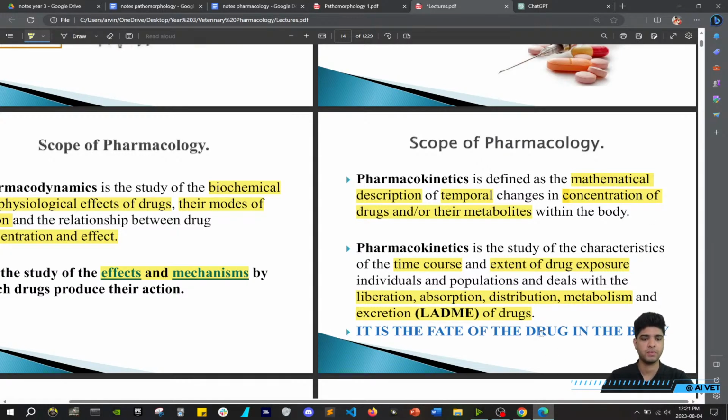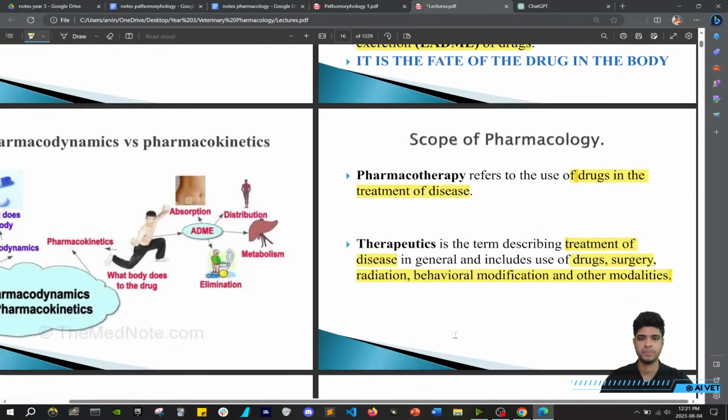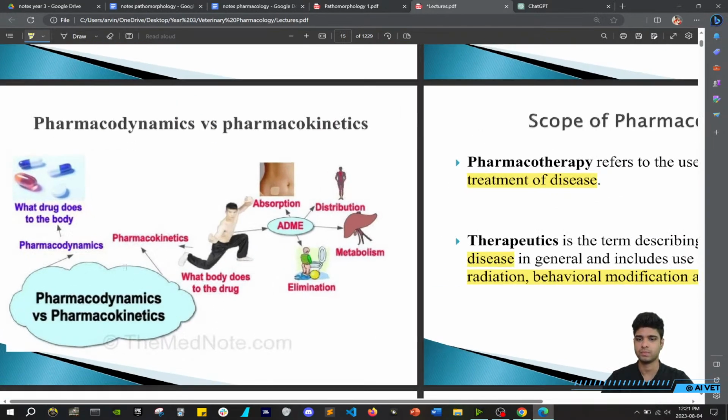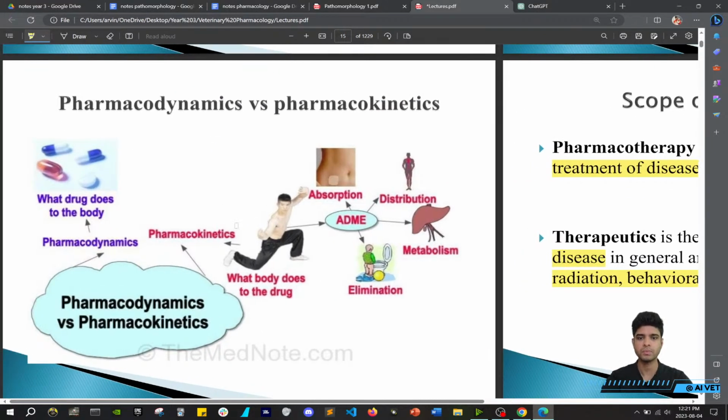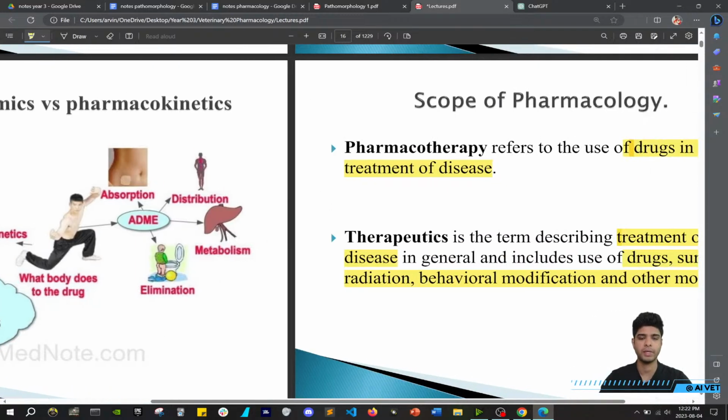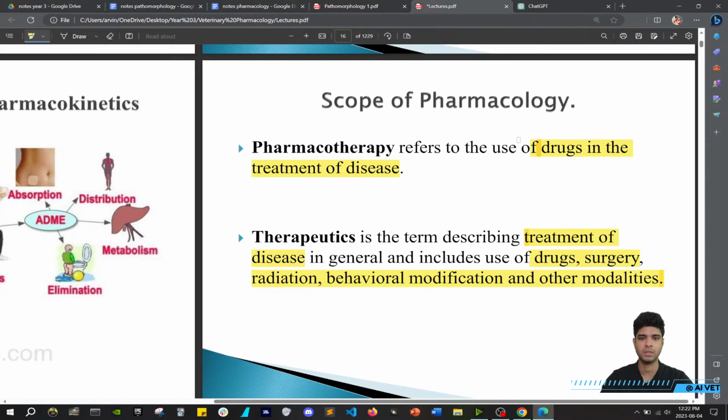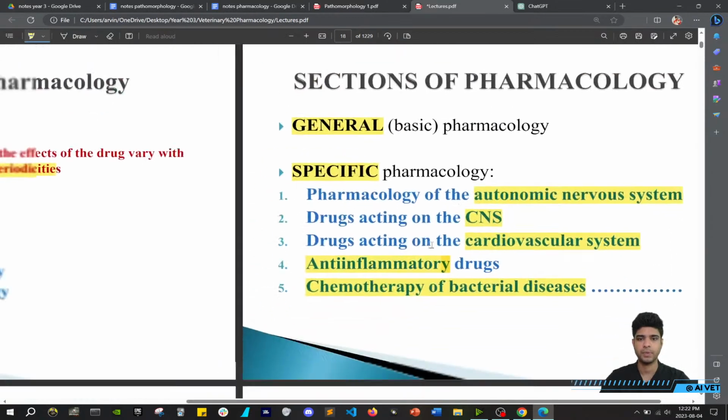It is the fate of the drug in the body. And pharmacodynamics is what the drug does, how it performs inside the body, how it acts, and therapeutics.